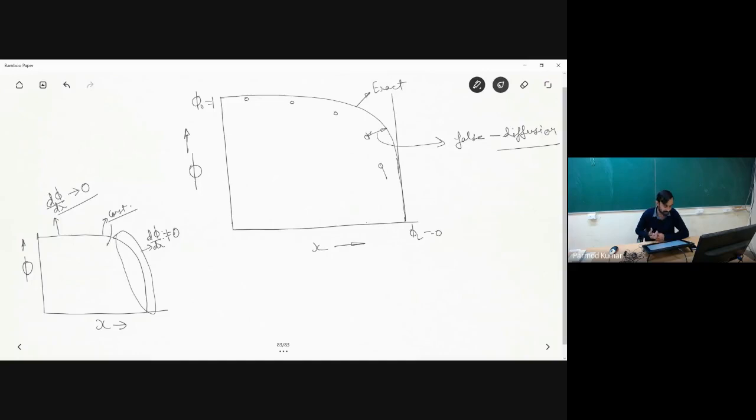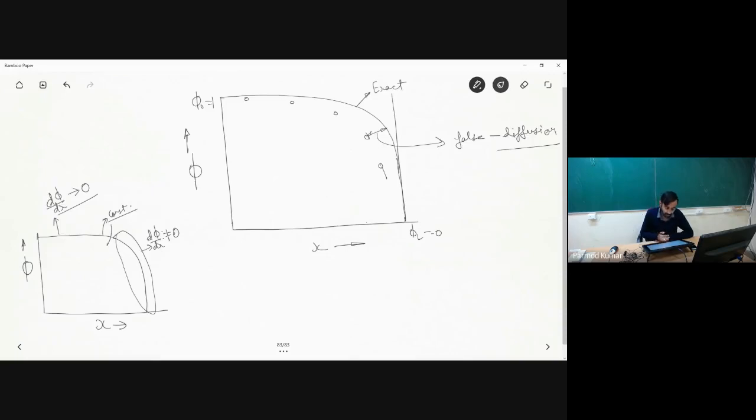So in some portions of the domain we are considering a finite value for the diffusion term, d phi by dx, whereas based on the exact solution we do not have diffusion in this domain. That's why this particular scheme results in false diffusion in our solution.